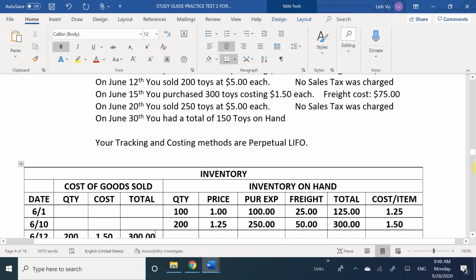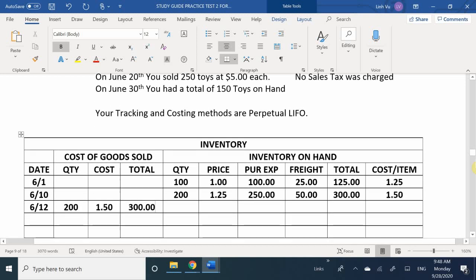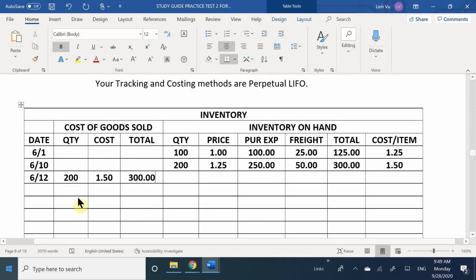What happened next on June 15? Okay, let me go ahead and indicate that so you guys know that this is gone.